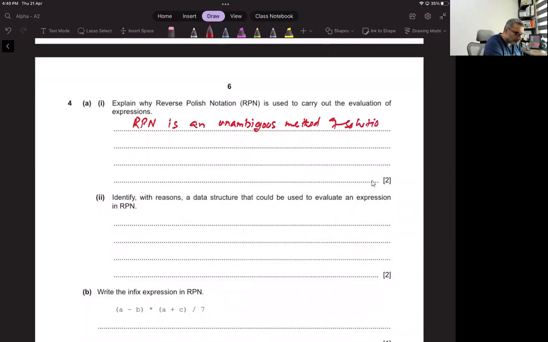That is, it does not have any BODMAS related complication.